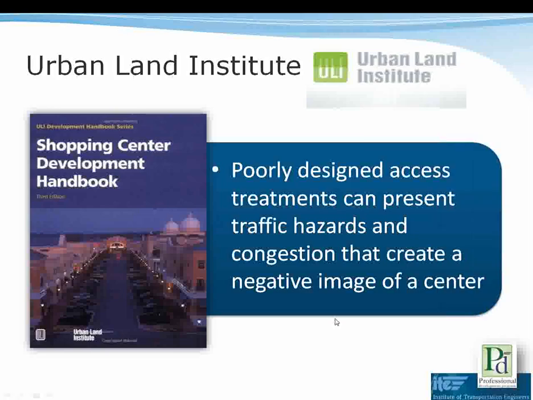The Urban Land Institute, which are the spokespeople for the community and shopping center developers, in their handbooks for shopping center development, really warn that poorly designed access points can be a negative impact on the shopping center and on business.